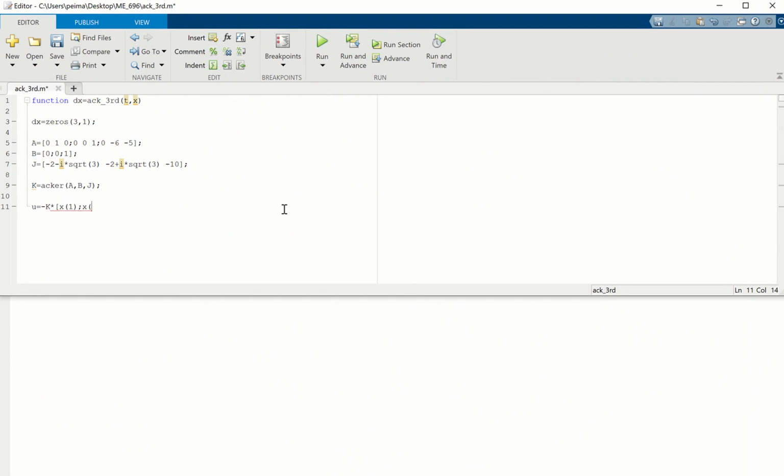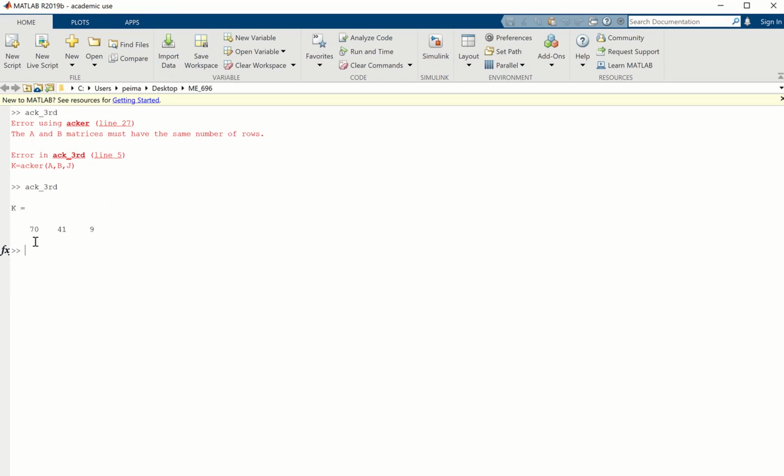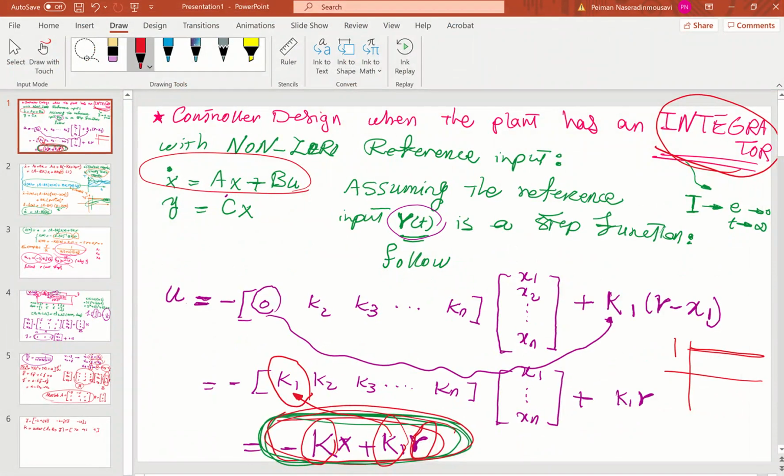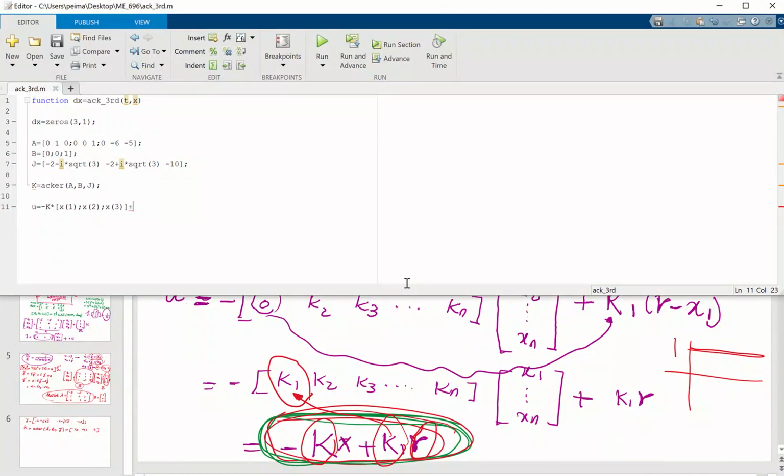So u is minus k multiplied by x, which is x1, x2, and x3, plus k1. So k1 of this was 70, but you don't need to type it. Be smart. You say k(1,1), first element, first row. That's right. Multiplied by r, you can now define r, the desirable input.